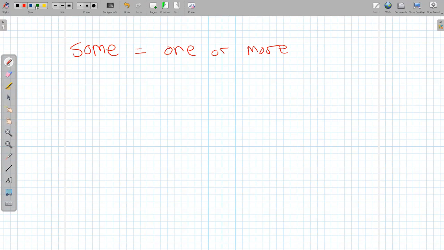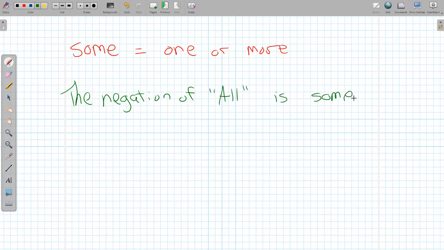So with that in mind, the negation of all is some, because all you need is some to prove that all is false, is kind of the way that works. It's a true-false dichotomy.